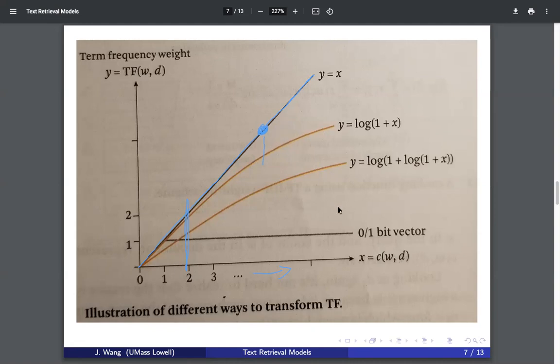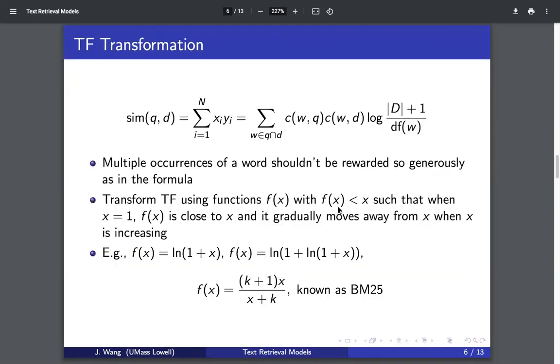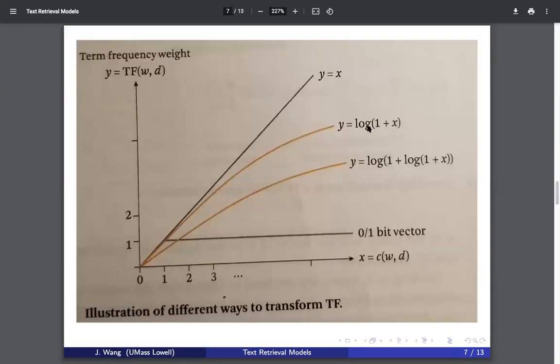Let me erase. Oops, we're going back. So for instance, we can use a log function. That's what we saw here. This is log 1 plus x, or we can even do log 1 plus log 1 plus x.